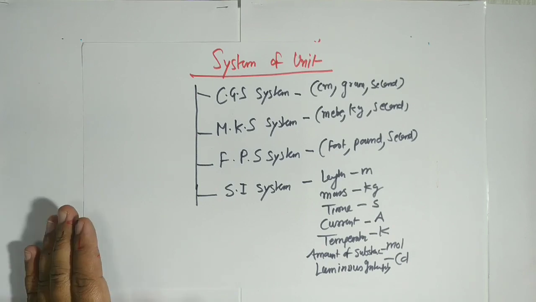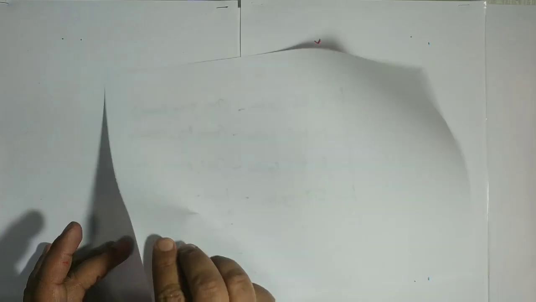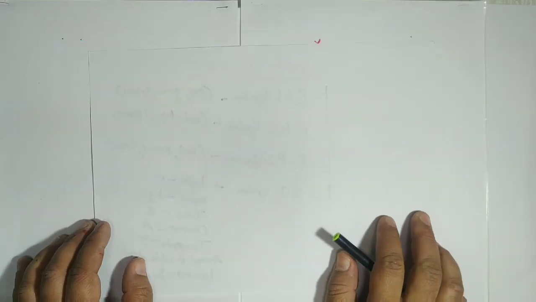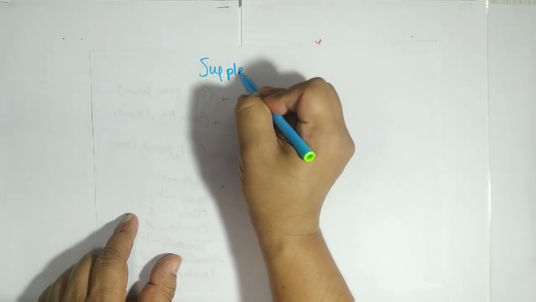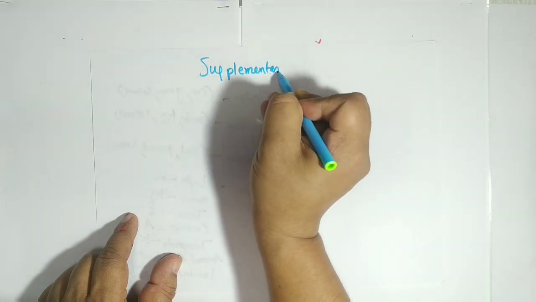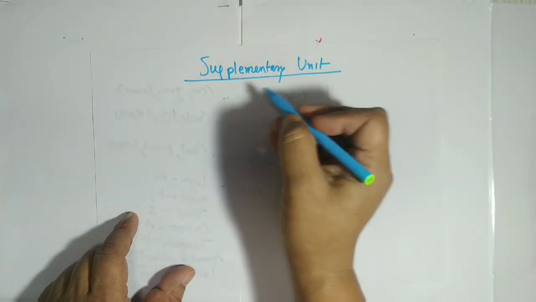And you know that we have two different units also. Fundamental we know, derived we know, practical you know. We also have two more units, and those are known as supplementary units. Those supplementary units are two.